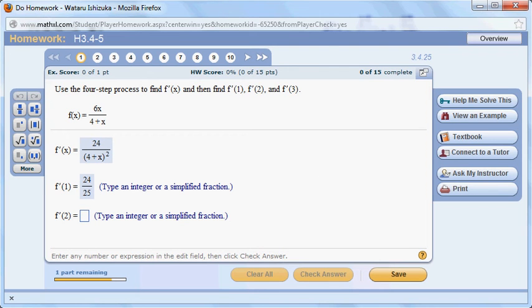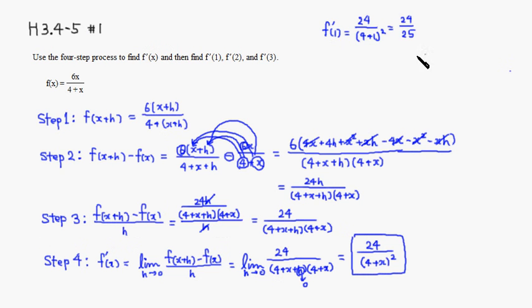So for f prime of 2, we just need to plug in 2. So f prime of 2 is 24 over 4 plus 2 squared. So it's 24 over 6 squared, so 36.